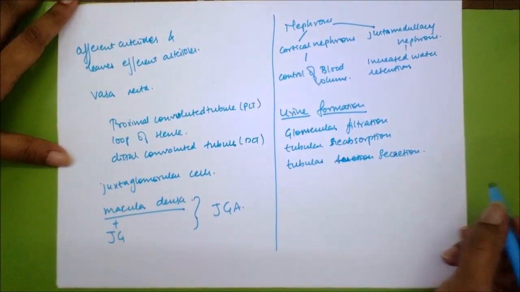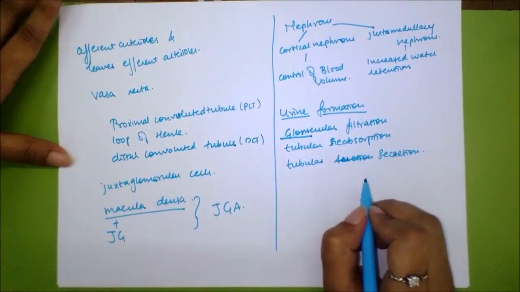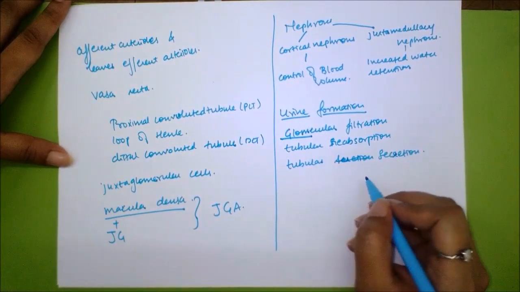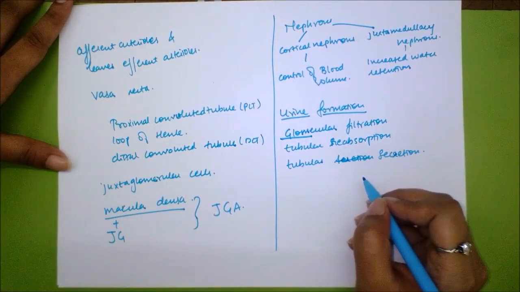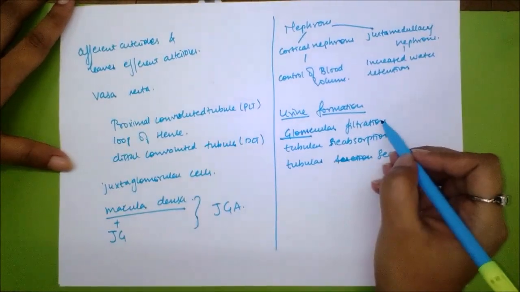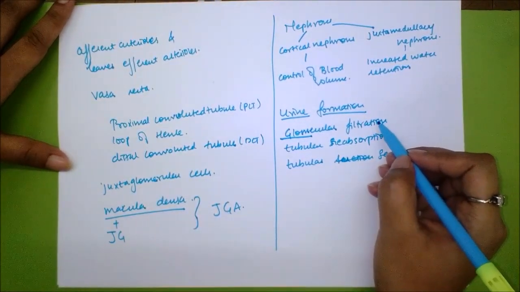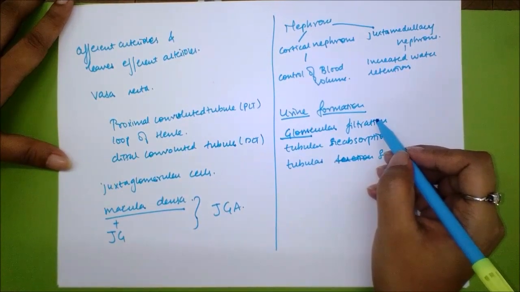Glomerular filtration or ultrafiltration. Let's see this first. It occurs because the pressure of the blood flowing in the glomerular capillaries is higher than the pressure of the filtrate in Bowman's capsule. It does not require the expenditure of energy by kidney cells.